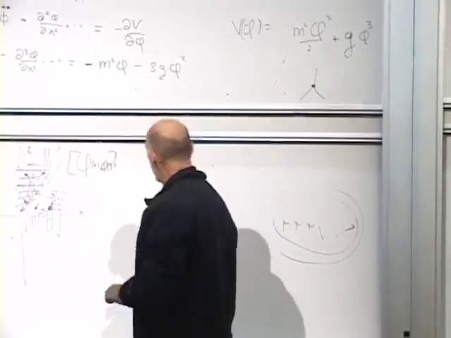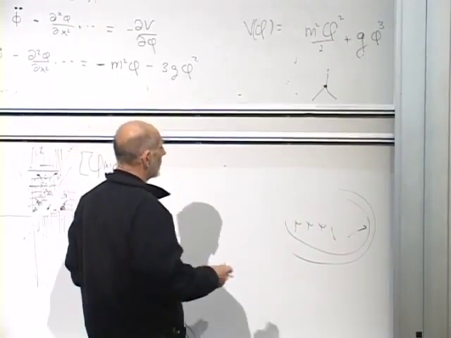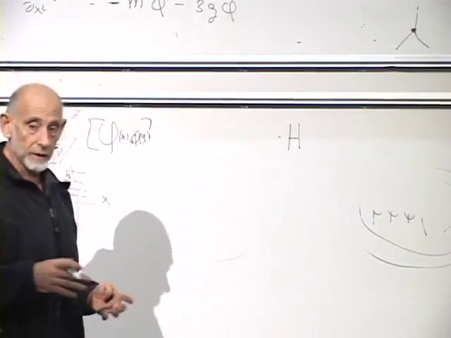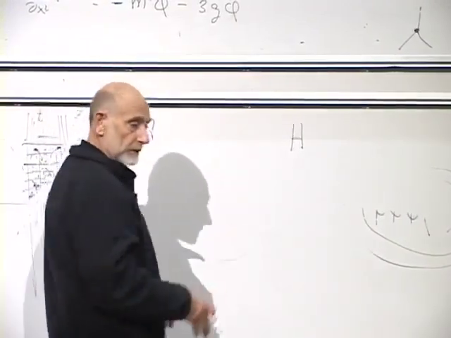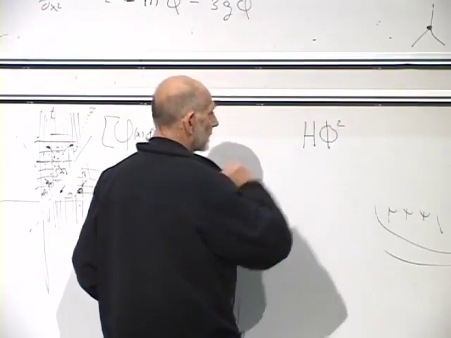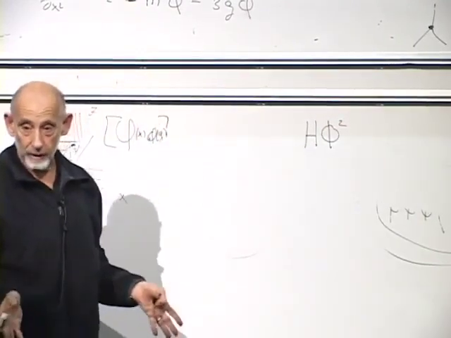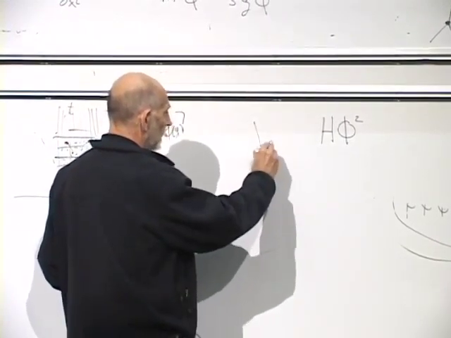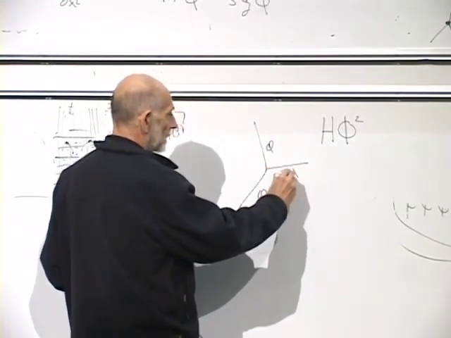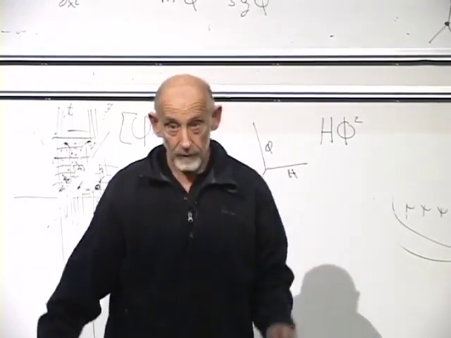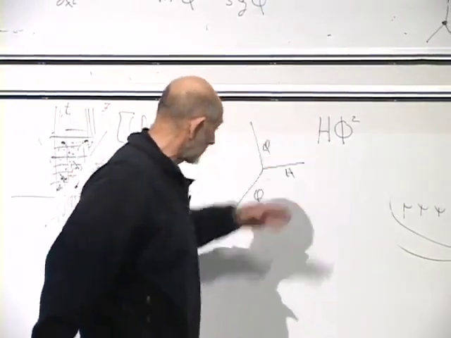Supposing we had another field that I'll call H. And supposing in the Lagrangian I had, let's write down some terms, H phi squared. Now that's not quadratic, that's cubic. So what does it describe? It describes a phi in, a phi out, and an H being emitted. That's what this term does in the Lagrangian.